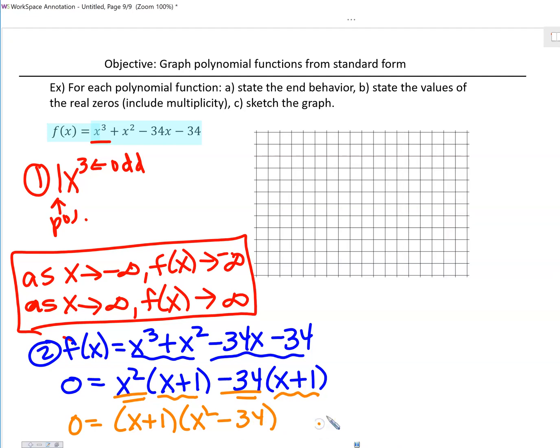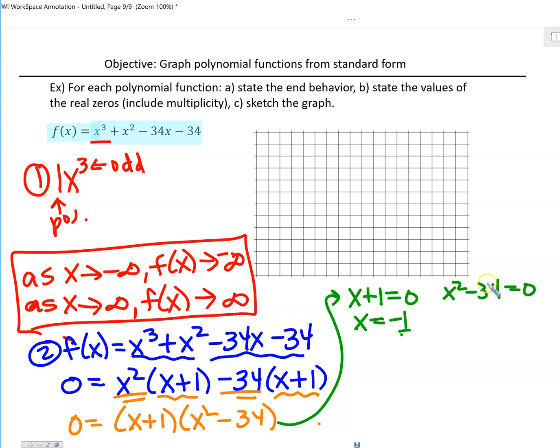So now I can use my zero product property. So either x plus 1 equals 0, in which case subtracting gives me a 0 of negative 1, or I have x squared minus 34 equals 0. Here I'm going to have to add 34 to both sides, and then use my square root property. So taking the square root of both sides gives me plus or minus the square root of 34.